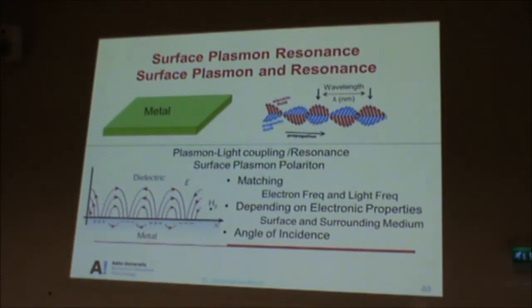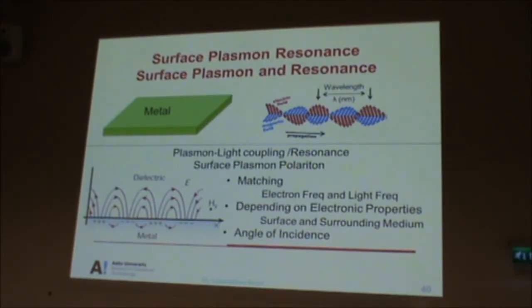And the process where there is maximum transfer of coupling of the electric field of light and the electron, that condition is called resonance. And since the collective oscillation of electrons is involved, which is called a plasmon, that's why this whole process is called plasmon resonance.